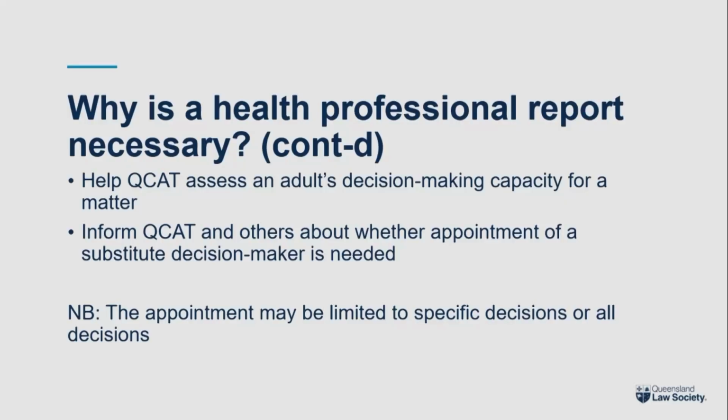They're unable to make orders or appoint a decision maker if someone has the ability to make their own decisions. On the other side of that, the tribunal can make a declaration the person has capacity and they have no need for a decision maker. So it provides that clarity, so that is a very important form of evidence for the tribunal to rely on in seeing whether they've got authority to make decisions for an adult.